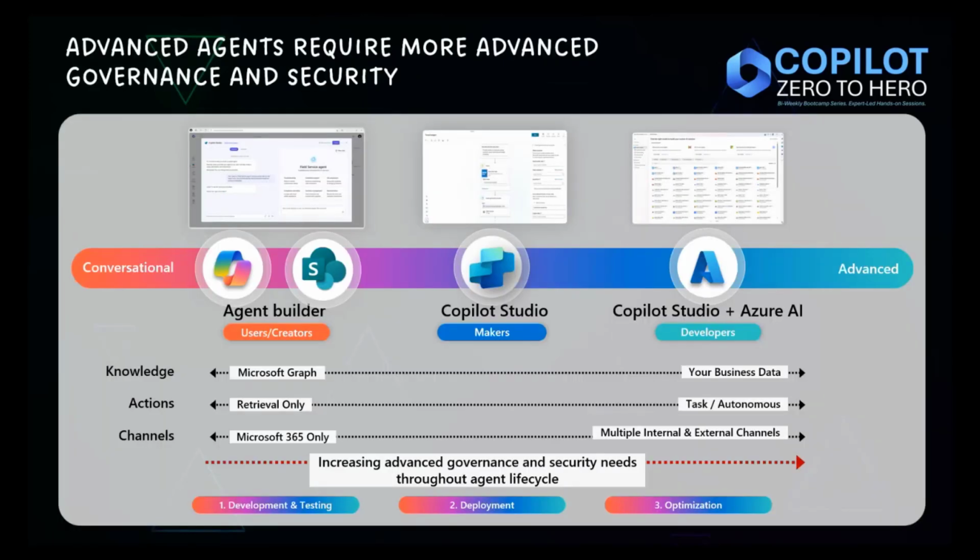With that said, as we know, the more advanced the agents become, the more we require advanced governance and security. And oftentimes this is really not thought of immediately when building agents. However, when you start building an agent, or even start thinking of building an agent, these are the things that should be top of mind.